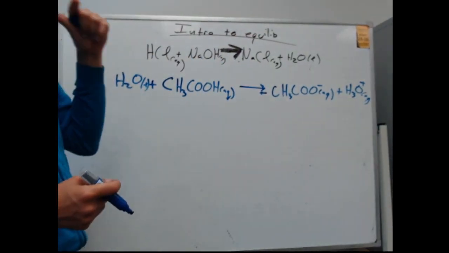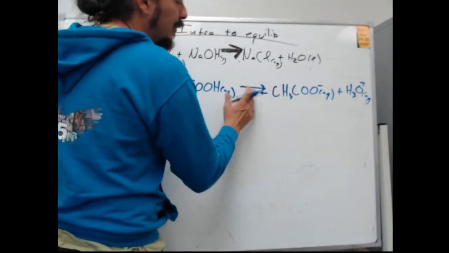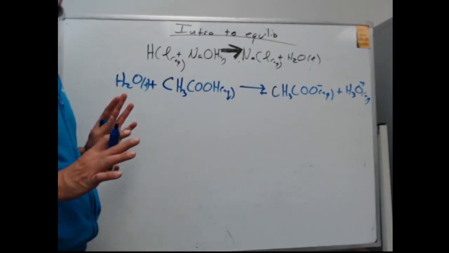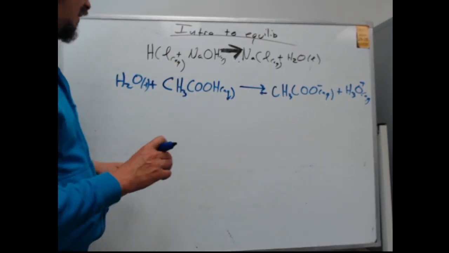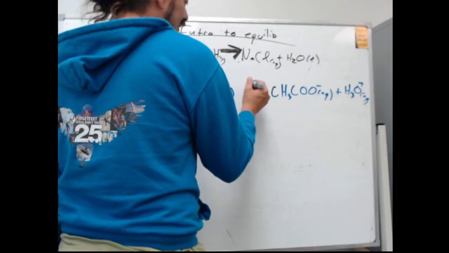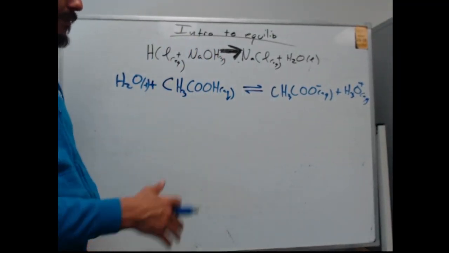Again, I drew these arrows. Normally we just draw double arrows. I'm trying to draw, as we're learning about it, my arrows in some proportional way. And I drew my arrows the wrong way. Right, so this is how we normally draw it, just forward and backwards.